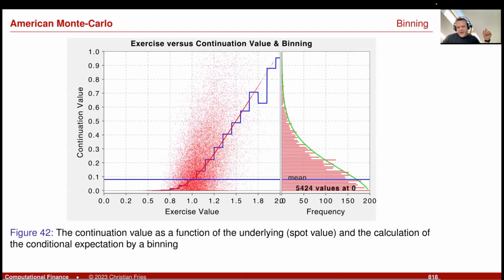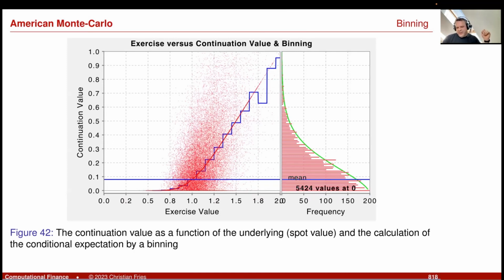So this is already a practical numerical approximation method for the conditional expectation. Construct a reasonable set of these bins and average over the sample paths that you have generated. So you do not need to generate new sample paths, just use the sample paths that pass through the given bin.